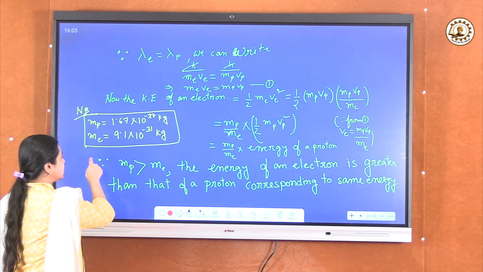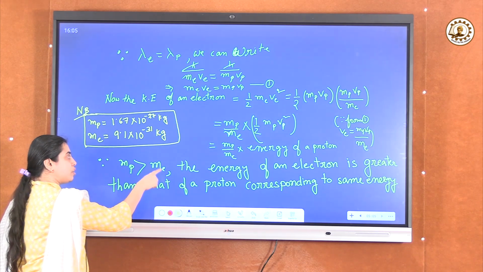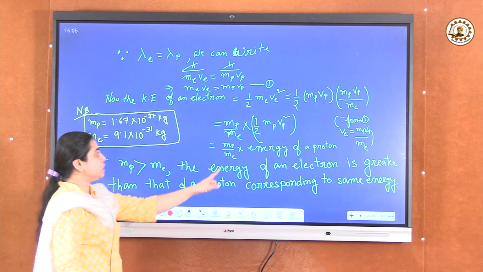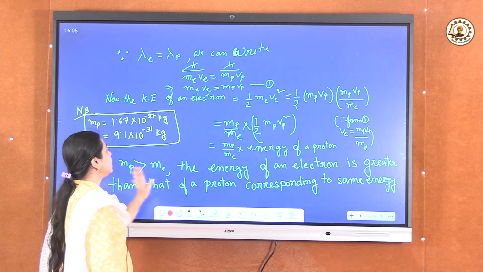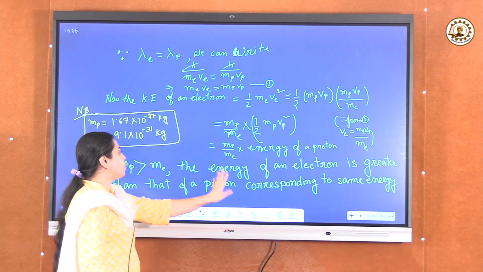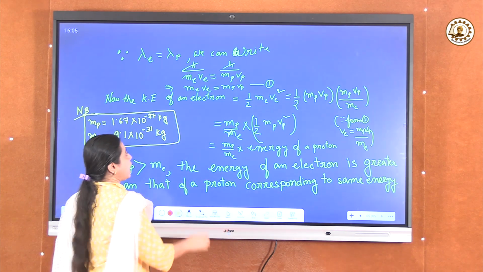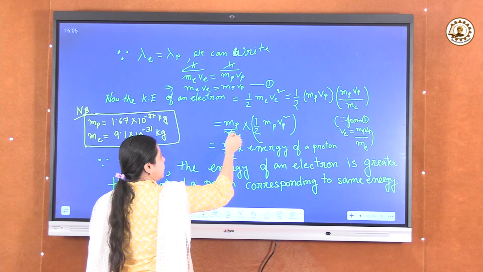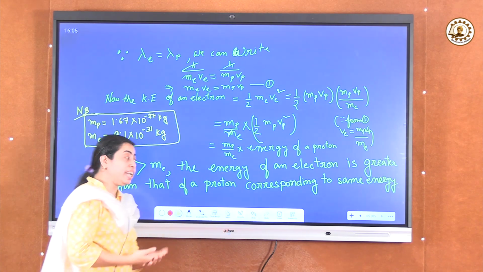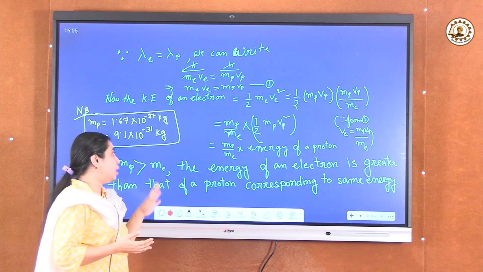So we can write, since mass of proton is greater than mass of electron, the energy of an electron is greater than that of a proton corresponding to the same energy. Means Mp and Me are the defining factor of who has more energy.